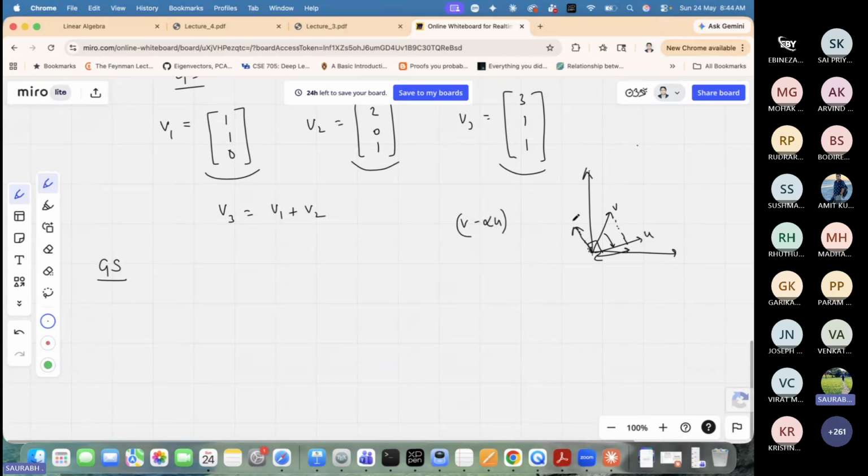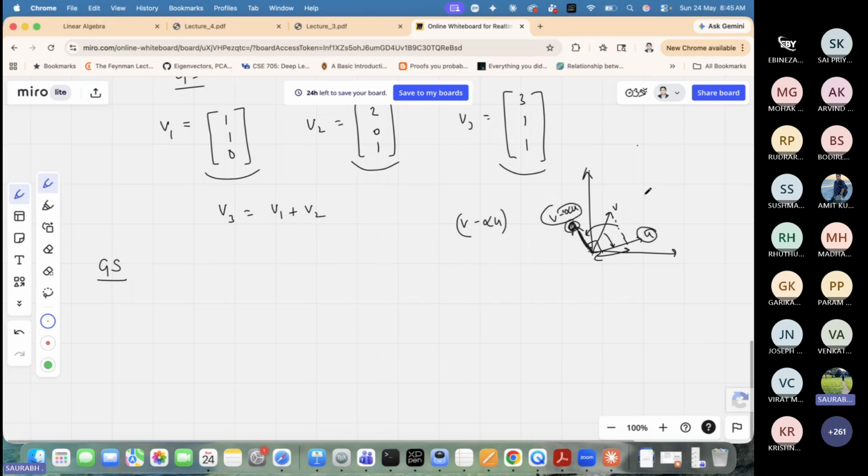We found this particular vector, and we just shifted it from the origin, that's all. What we found out was that this vector v minus alpha times u is perpendicular to u, and hence these two vectors became independent.